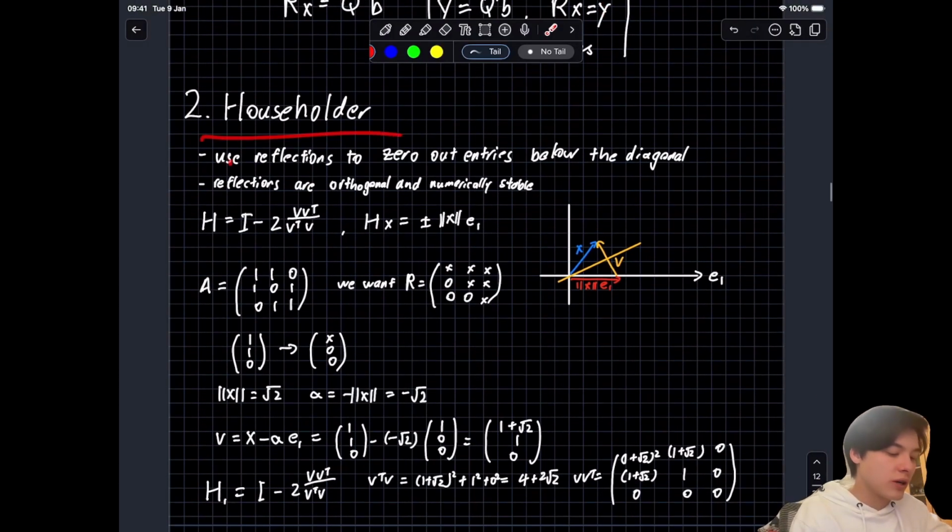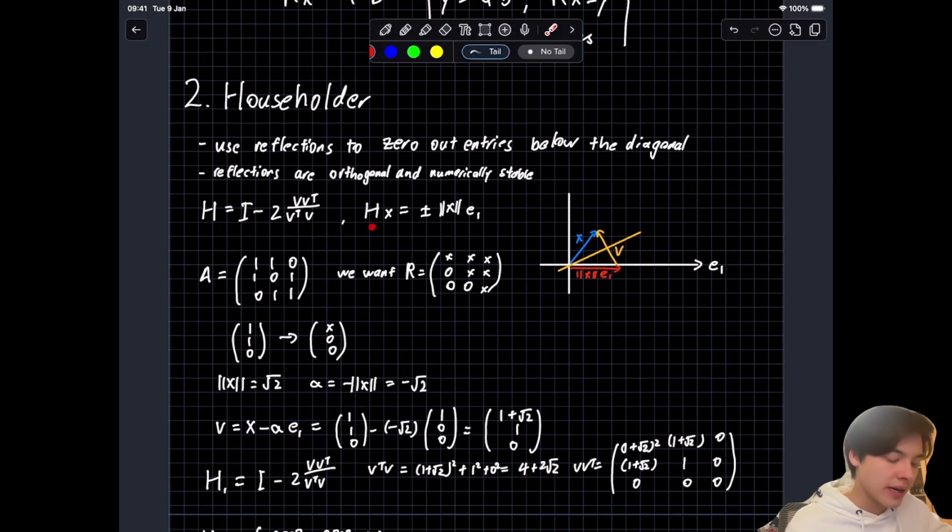So Householder, what is this? It's reflection matrices. So we use reflections to zero out entries below the diagonal. And reflections are orthogonal and numerically stable. So this is our Householder matrix, or how we would calculate it.